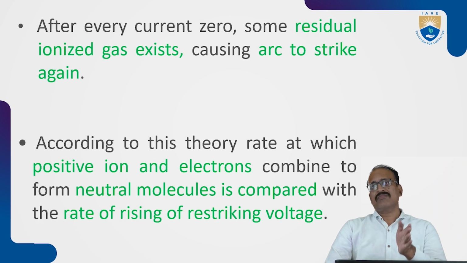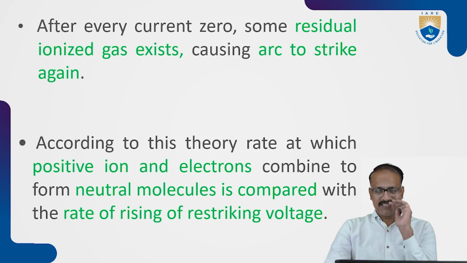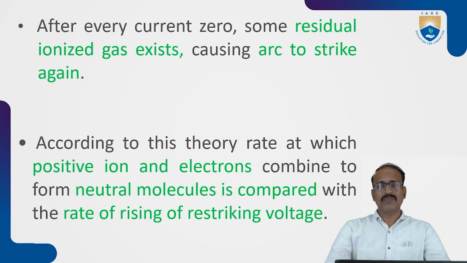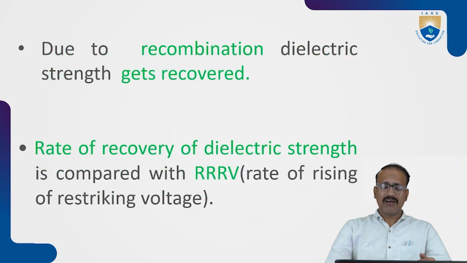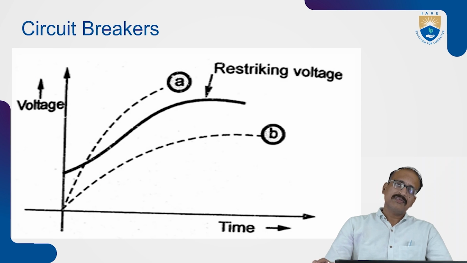After the arc extinction, if the positive ions and the electrons combine very fast, it increases the dielectric strength of that medium. If the restriking voltage is faster than the recovery of the dielectric strength, the arc will strike again. And if the dielectric strength recovers faster than the restriking voltage, the arc will not strike again.